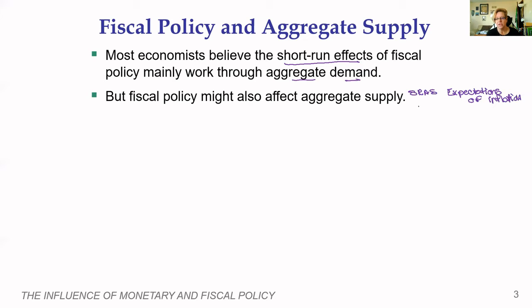In the longer run aggregate supply, it's things like technology and the factors of production: land, labor, and lastly, capital. And remember, capital is machinery that you would use to produce a good or a service.